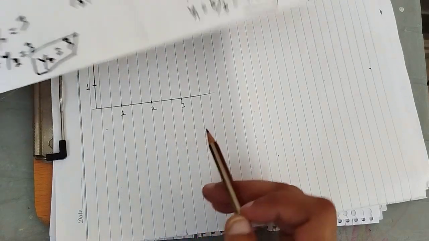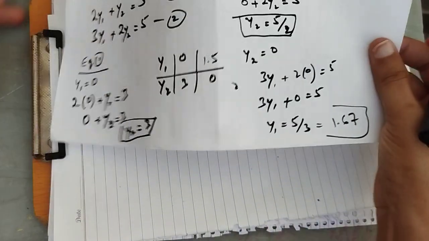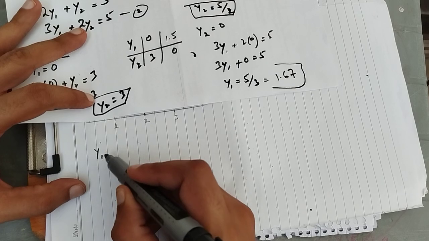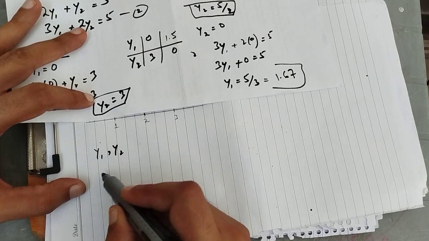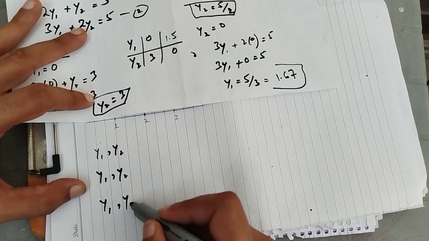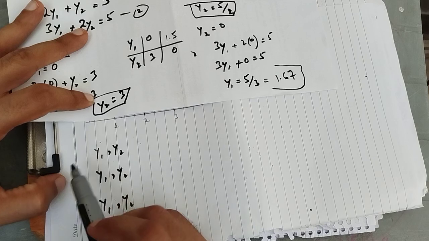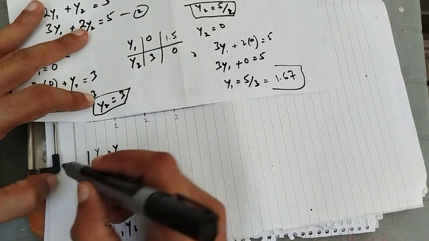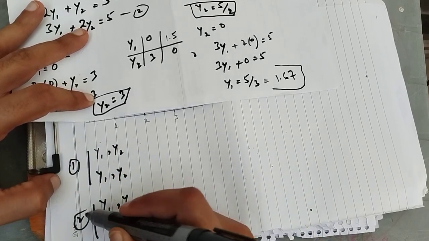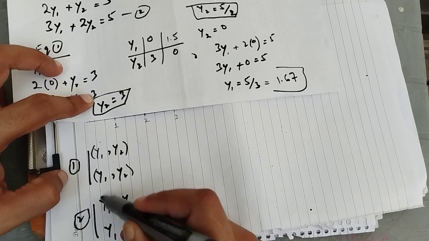So what are the points we had? Let's write all the points so that we don't miss any. We have y1 comma y2. With equation 1 we got these points, and with equation 2 we got these.